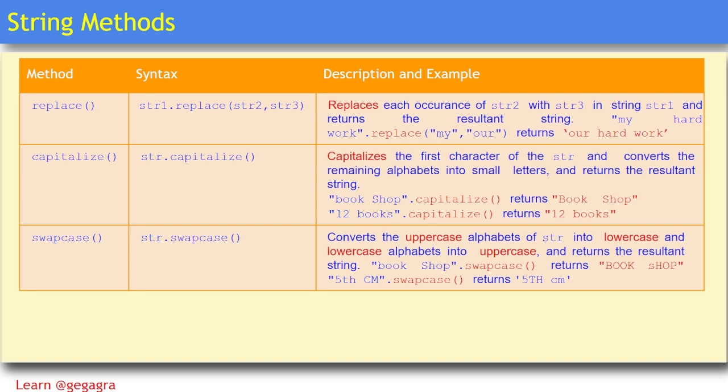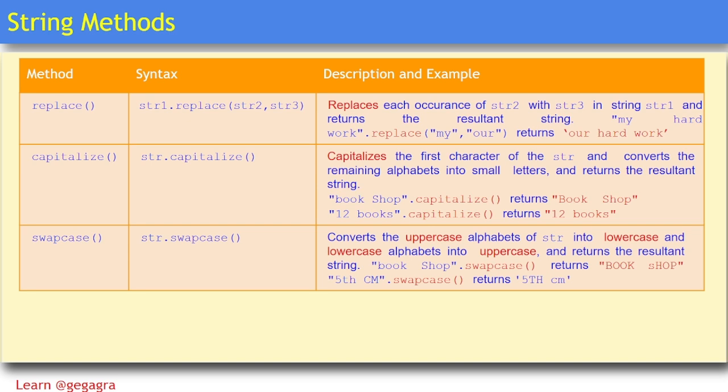For example, I have the string bookshop. Here if you see, book begins with a small b, whereas the first letter of shop begins with a capital letter. When I apply the function capitalize, it turns b into capital and s into small.